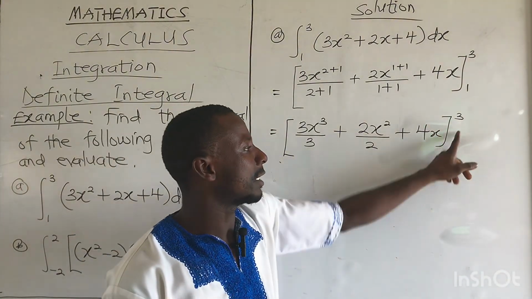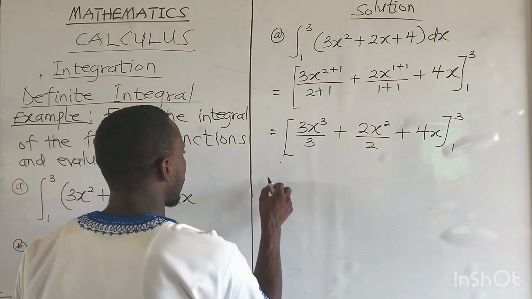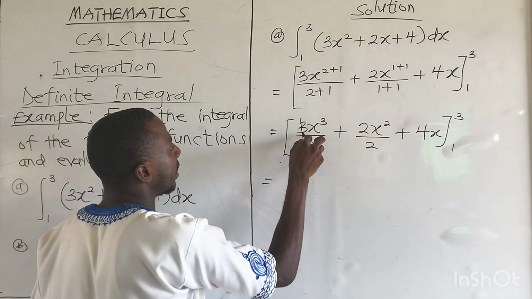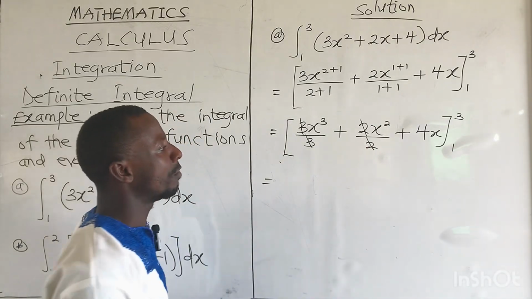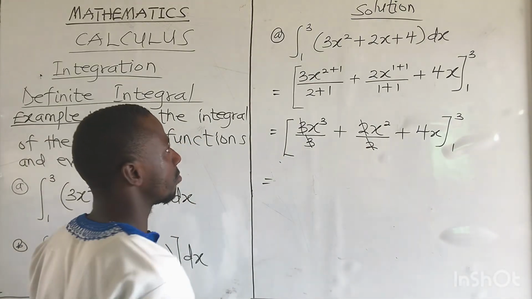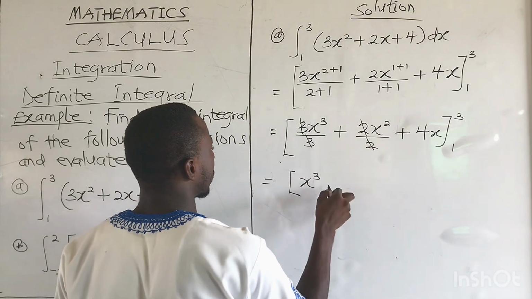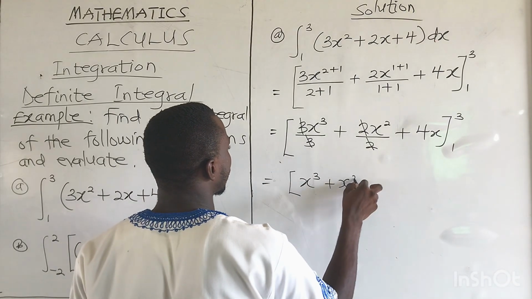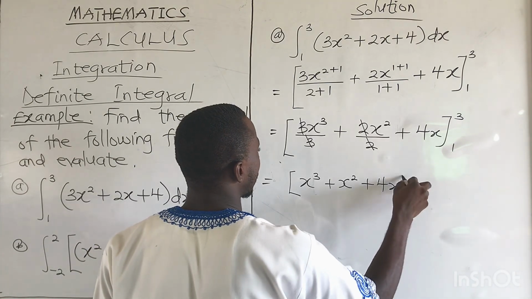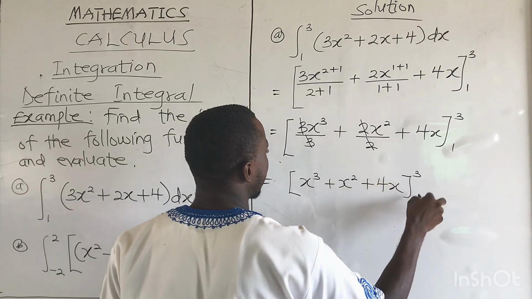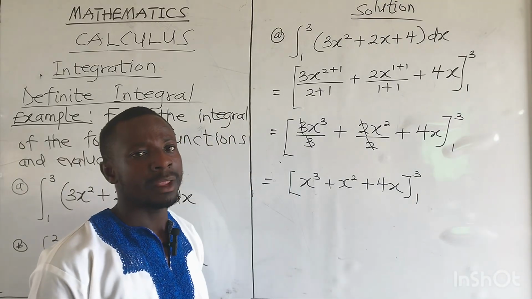Then the 4x. The 3 cancels the 3, and the 2 cancels the 2. So we get x cubed plus x squared plus 4x, still with the limit 1 to 3.